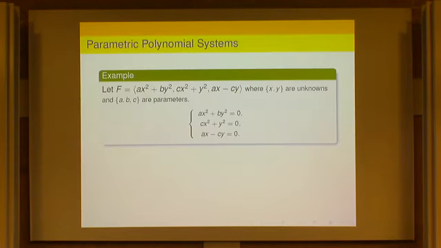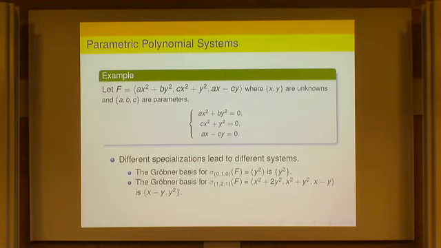Okay, so back to the example that we started with. Let's say we do specializations. Let's specialize trivially to 0, 1, 0: A is 0, B is 1, C is 0. Everything goes away, and the only thing left is the ideal generated by a single generator, y squared.